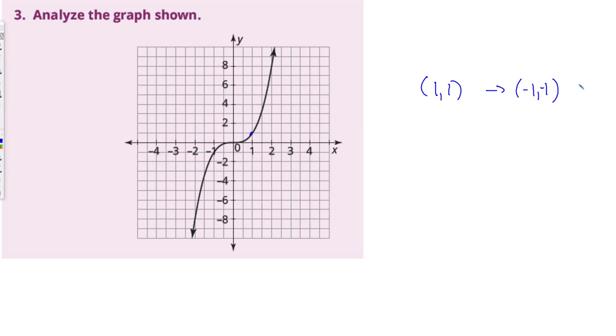Shedrick says that he notices this pattern, that 2, 8 is going to match up to negative 2, negative 8. So there's some type of pattern here.